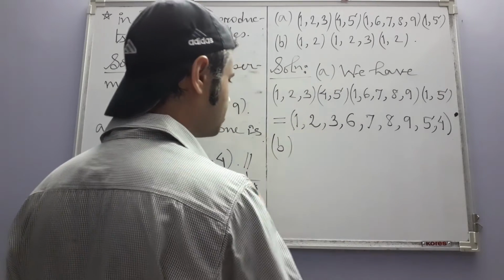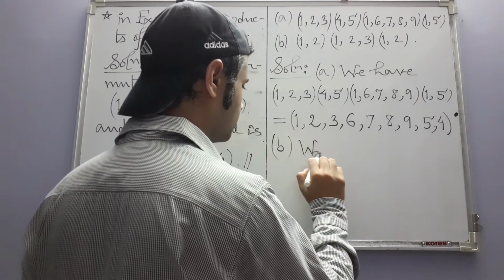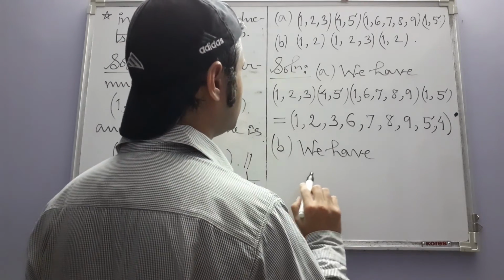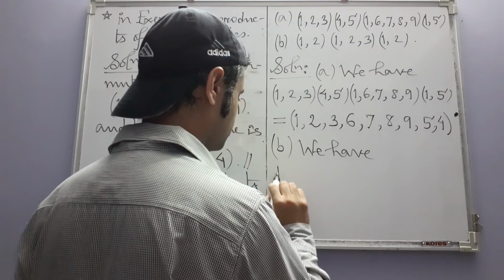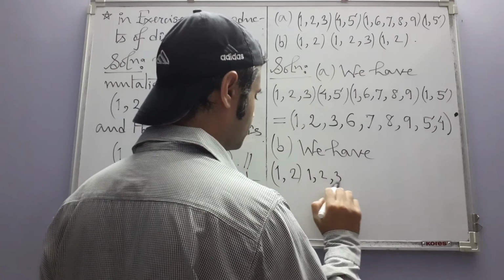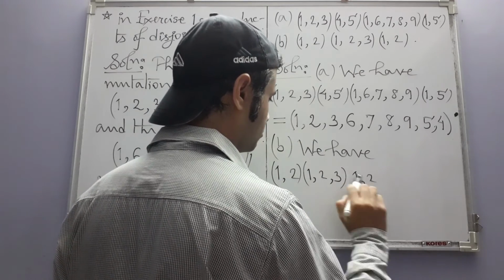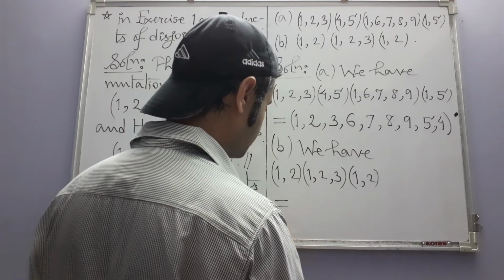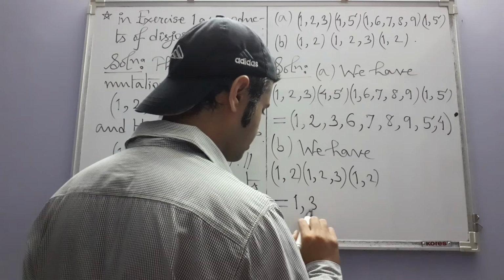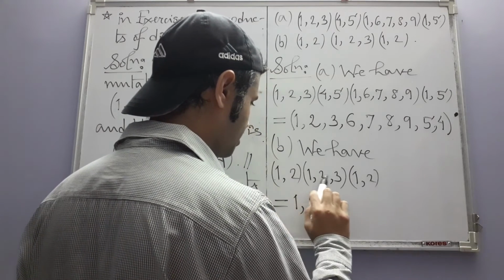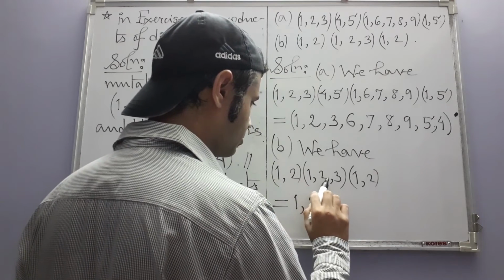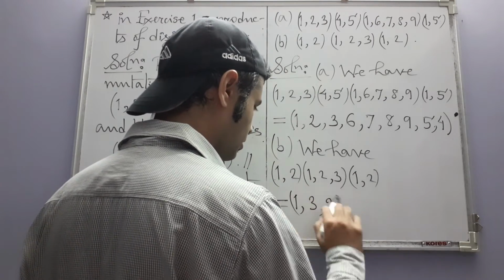And B, okay, like before, 1 to 2, 2 to 3, 3 is unchanged, 1 to 3, 3 is unchanged by this, 3 to 1, 1 to 2, so 3 to 2, 2 to 1, 1 to 2, 2 to 1, so 2 to 1.